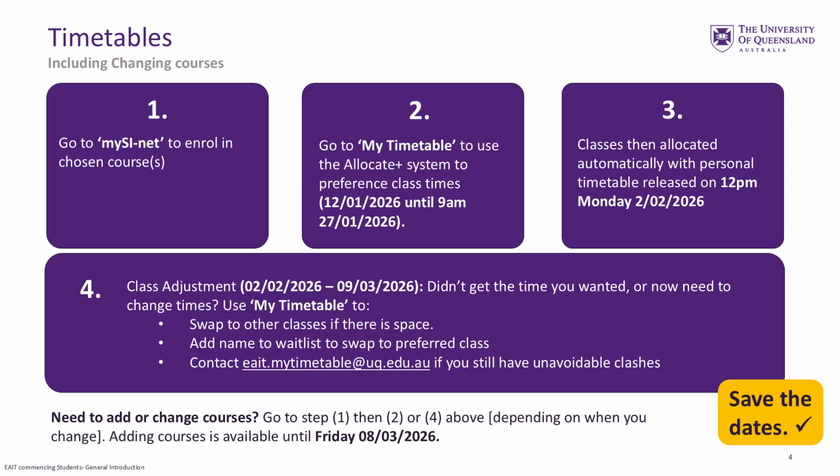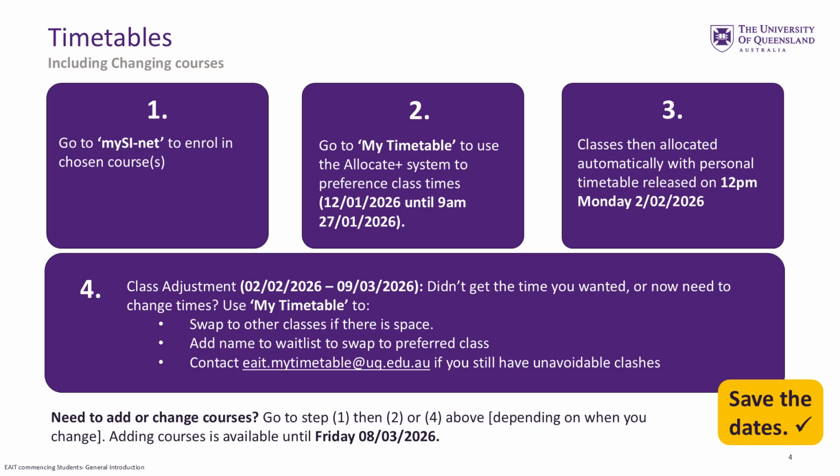Classes are then allocated automatically and you will get a personal timetable that will be sent to you via email. We then move into step 4, which is what we call the class adjustment phase. So if you didn't get to the time you wanted, or you're now needing to change times or potentially change courses, then you go back to My Timetable. You can swap to other classes if there's space.